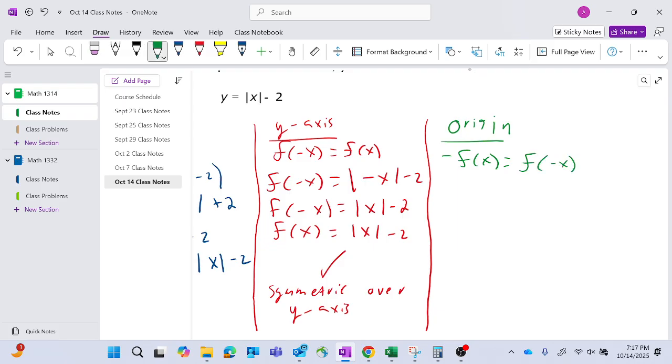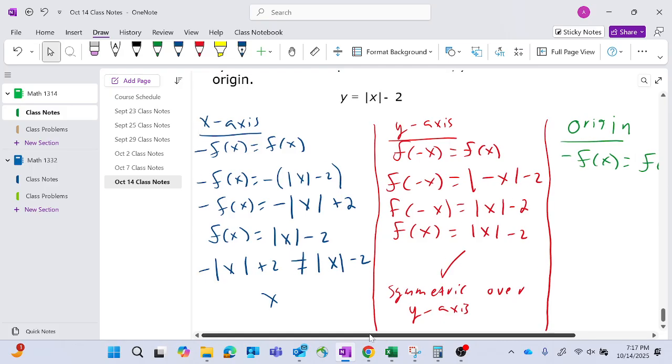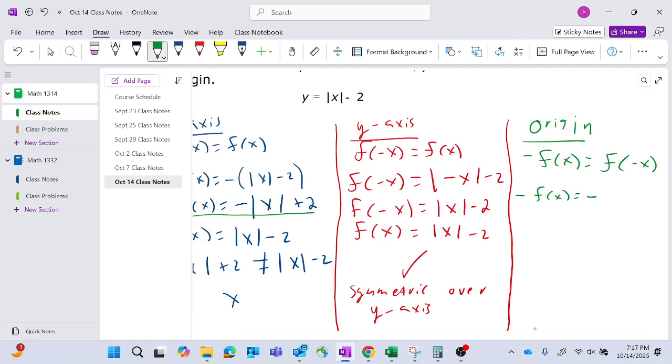Honestly, for the origin, we already kind of got all that, didn't we? Negative f of x is way over here. So you can just rewrite it that negative f of x is negative times the absolute value of x plus 2. And also f of negative x, we just did that one as well.